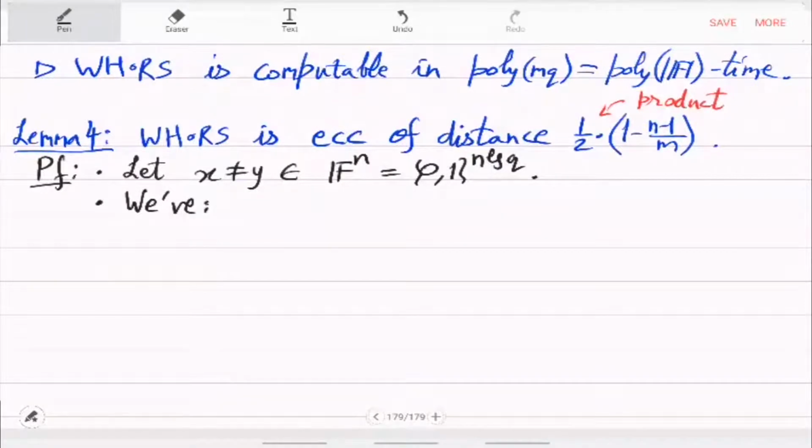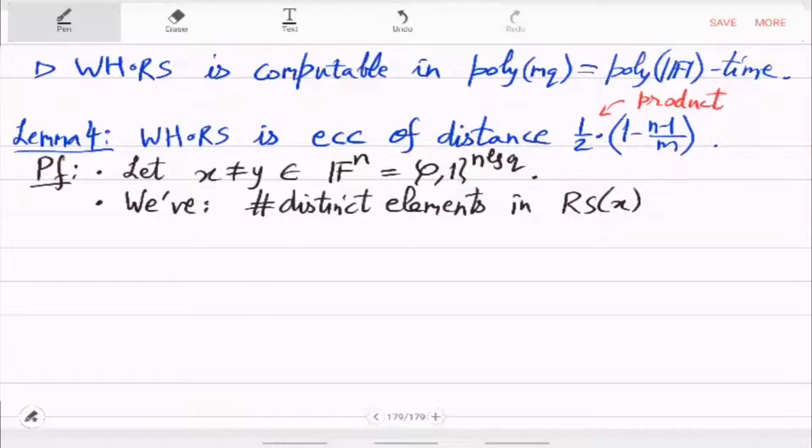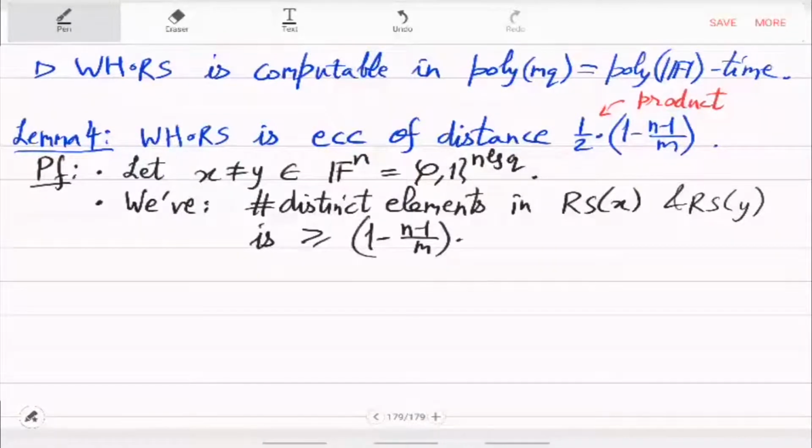We know that the number of distinct elements in the Reed-Solomon encoding of x and the Reed-Solomon encoding of y is 1 minus (n minus 1) by m times m, right, distance times the code word length.